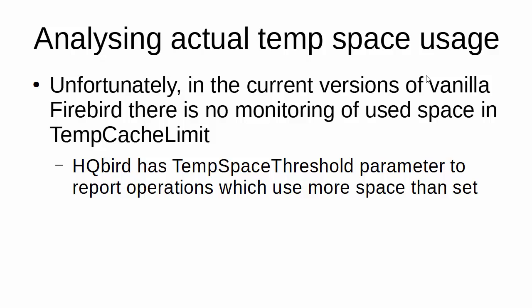With this parameter, it is really easy to set the threshold and see how the queries actually use and allocate temp cache limit memory. And with this information in hand, it is much easier to decide what inline sort threshold is really needed. You can try, for example, setting a bigger or smaller size, and optimize your reports in this way.